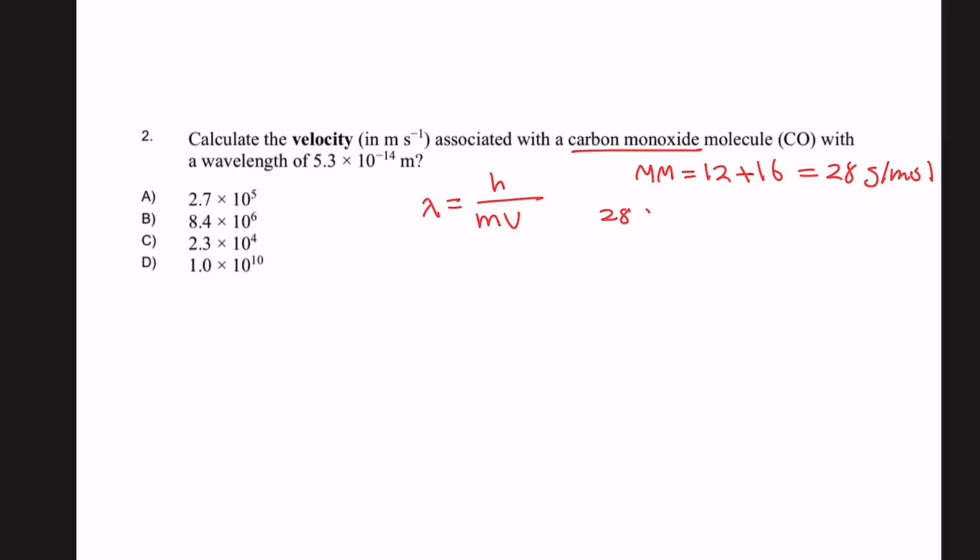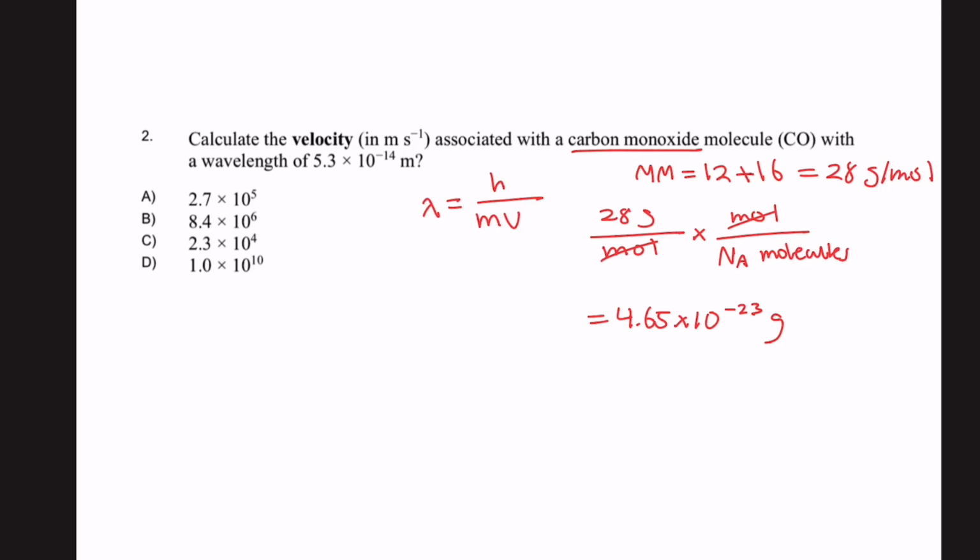So we're going to write out 28 grams per mole, and we know that per mole there is 6.02 times 10 to the 23, or Avogadro's number of molecules. And when we multiply this, the moles will cancel out, and we'll be left with units of grams per molecule. So this is going to be 4.65 times 10 to the negative 23 grams.